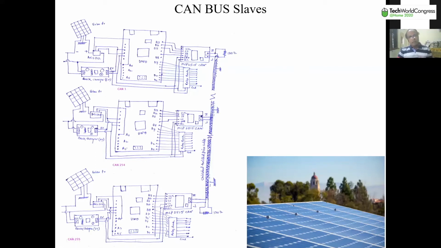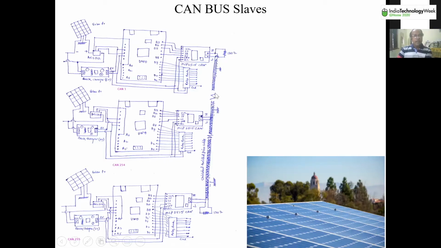It does not waste energy in the form of heat. Whatever I have seen, it takes hardly 0.05% to 0.1% power from the mother solar panel, and it comes through this buck charger, and it goes to this low power Uno, the 3.3 volt, and then it operates in self-powered mode.